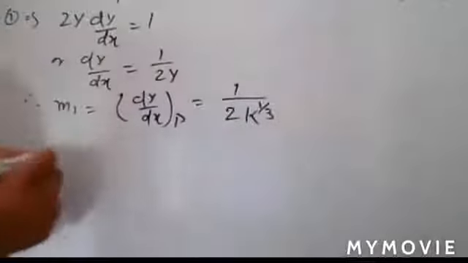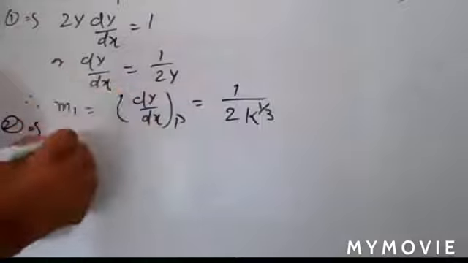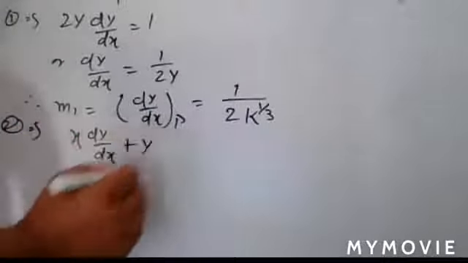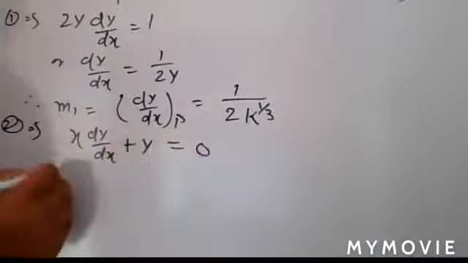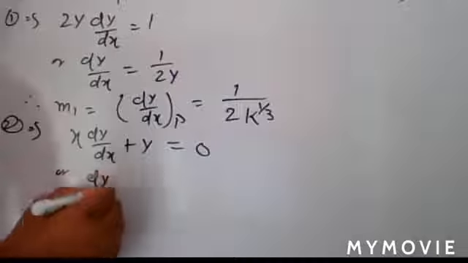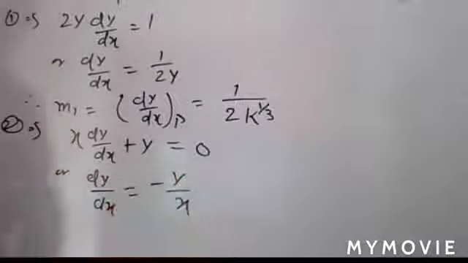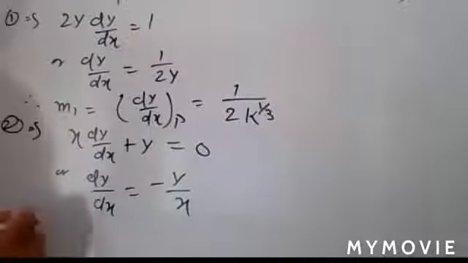In the same way, here you differentiate the second equation. Here you apply the product rule: first function into derivative of second plus second function into derivative of first, and here you have 0. So the value of dy by dx is equal to minus y upon x. Now find the value of m2.